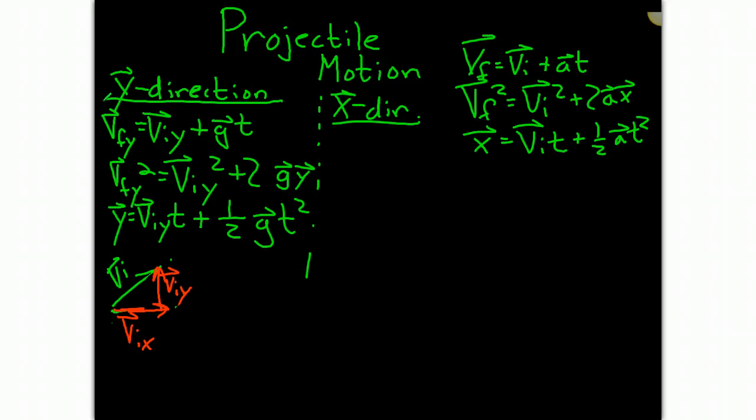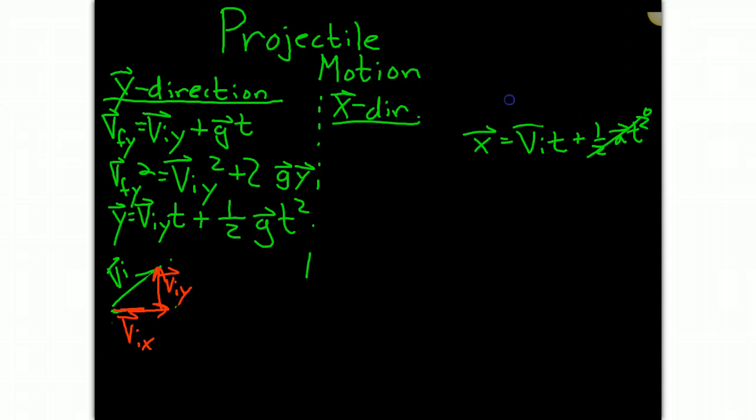There's no air slowing down the projectile. That means everything with an a would go to 0. So you can see here, Vf equals Vi. That's true, so that equation goes away. Again, on this one, Vf squared would equal Vi squared? Absolutely. That makes sense, so that one goes away because there's nothing left.